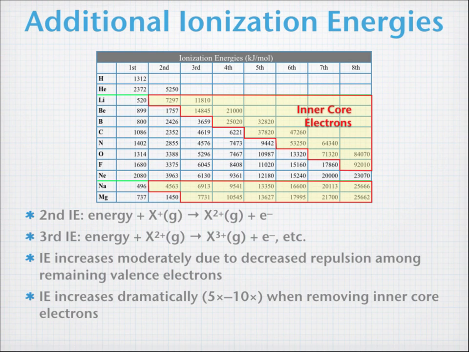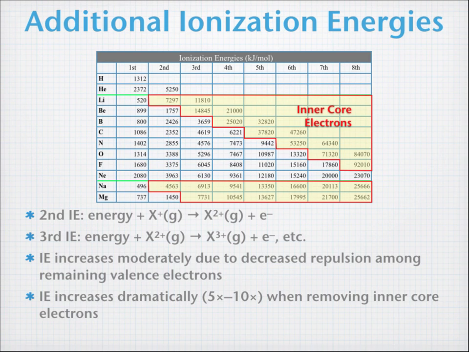So as you come down the chart, you can see that every time we move from taking out a valence electron to taking out that first core electron, we get a large increase in the subsequent ionization energy. So this actually becomes a way for us to tell what column a particular element is in without knowing what the identity of the element is.